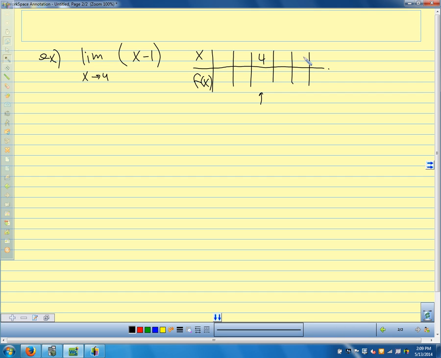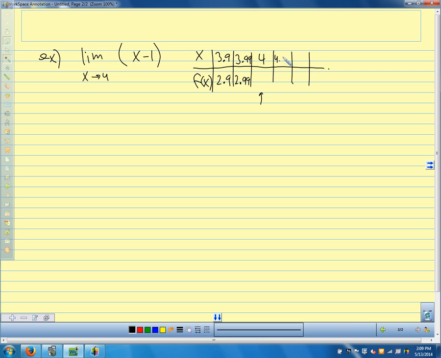So we're going to come from both directions. We're going to come from less than 4, and we're going to come from greater than 4. So here is a number that's kind of close to 4, 3.9. And f of x, when we plug that in, we get 2.9. A little closer to 4, 3.99, and f equals 2.99.